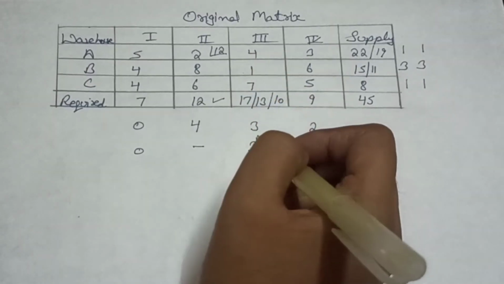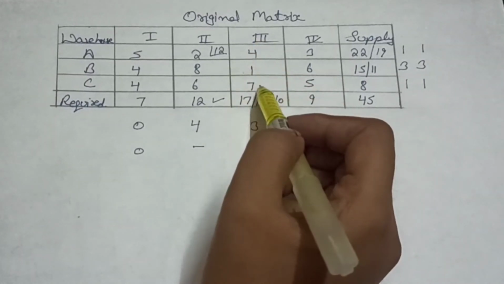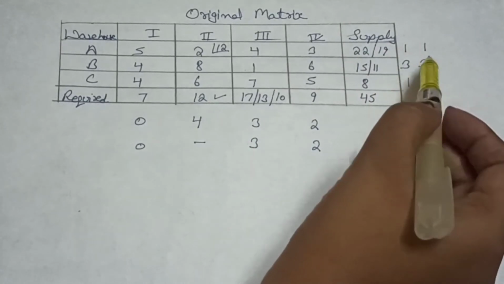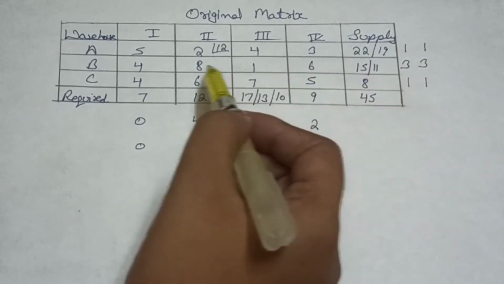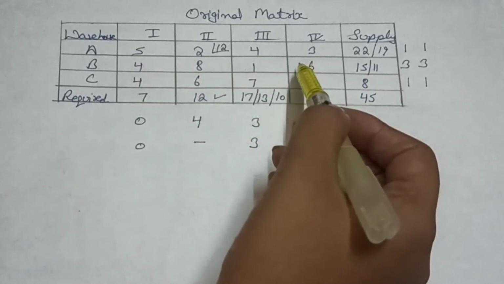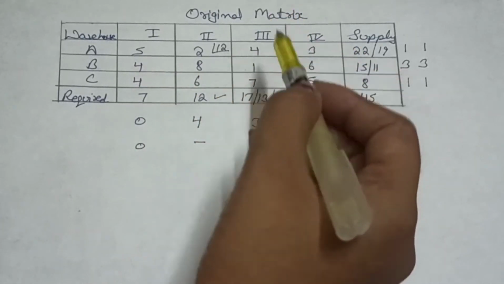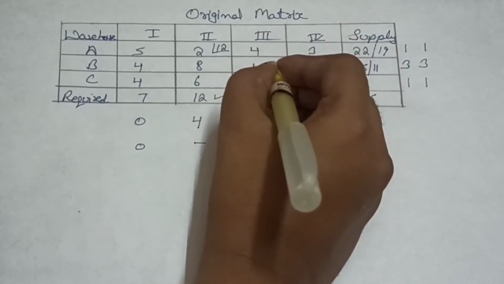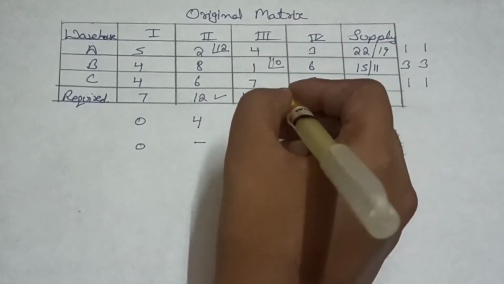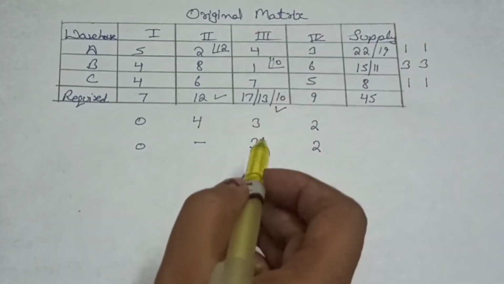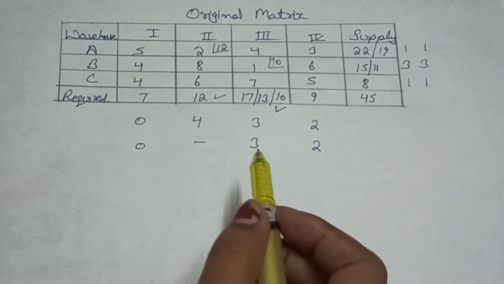If we select this penalty, then this column will be selected, and if we select this side, then this row will be selected, but the cell will be the same, this cell. We can allocate 10 to this cell. You can see our this column also has been fully satisfied.